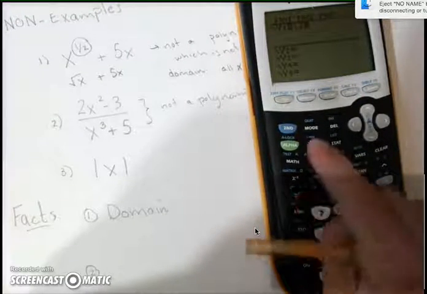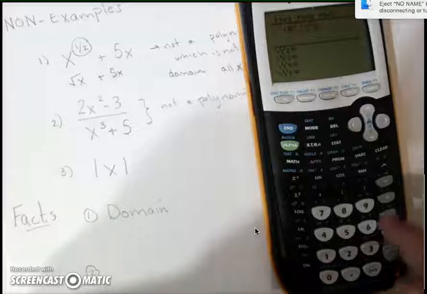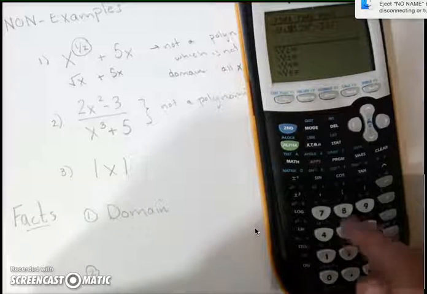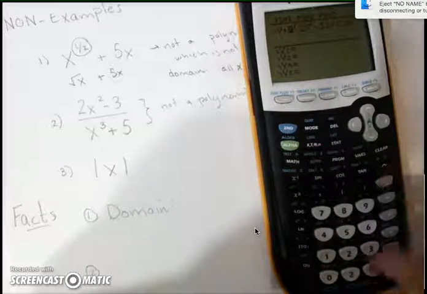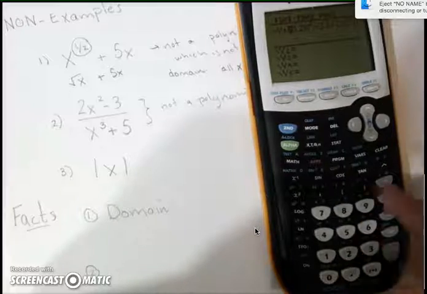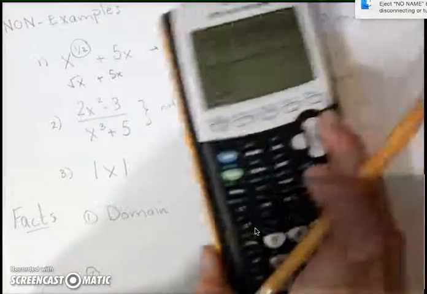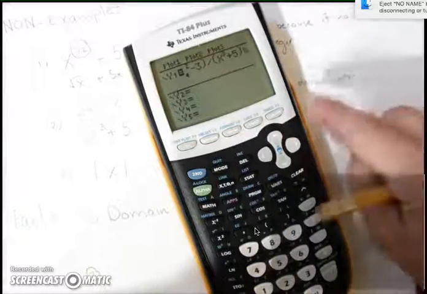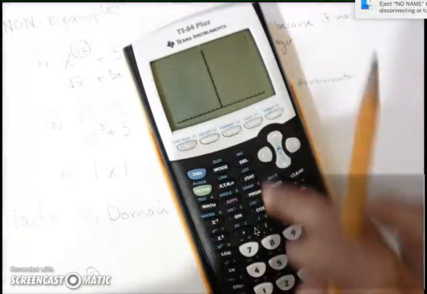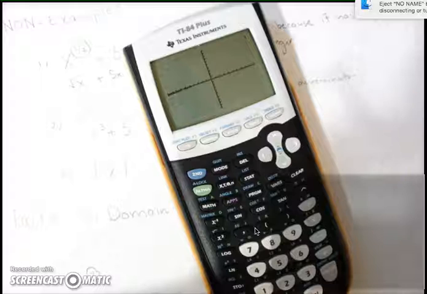So let's see what it looks like. 2x squared minus 3 divided by x cubed plus 5. Notice how carefully I used the parentheses here. Oops. Let's go back to a normal window.